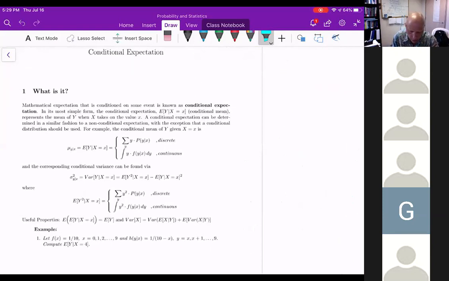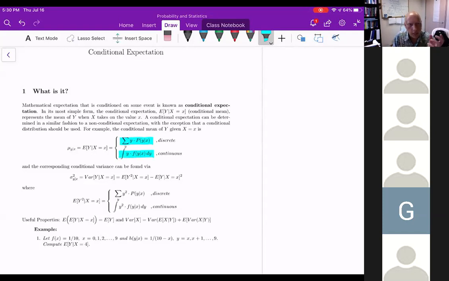And so the general form shouldn't be too foreign. You just have that vertical line that's denoting conditioning. But the basic format is that in the discrete case, when you want an expected value of y given x, it is the sum of y times your probability mass function, or if it's continuous, it's the integral of y times the probability density function.